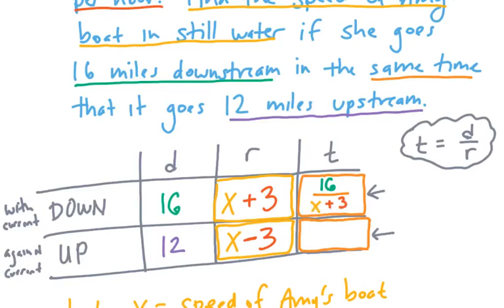So that would be a symbolic representation for time. Of course, that doesn't feel like an actual number yet. It's just the symbolic representation. For upstream, it would be the distance upstream, which was 12, divided by the rate upstream, which was x minus 3.